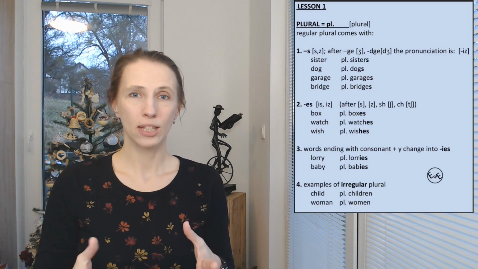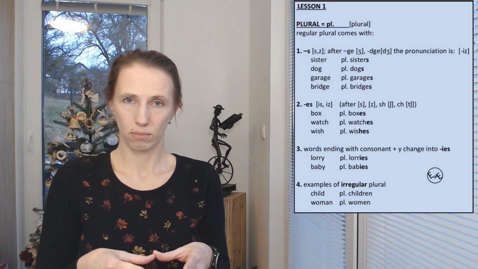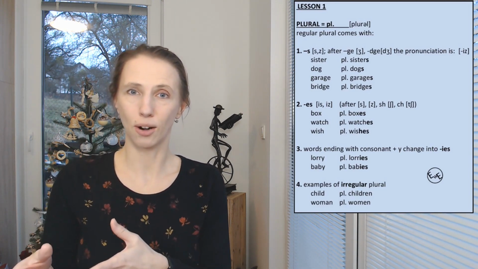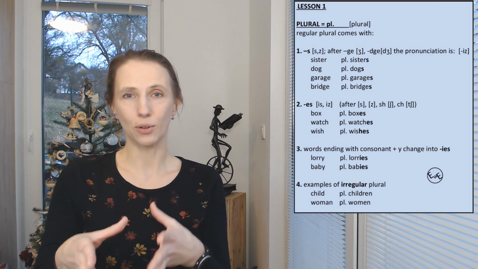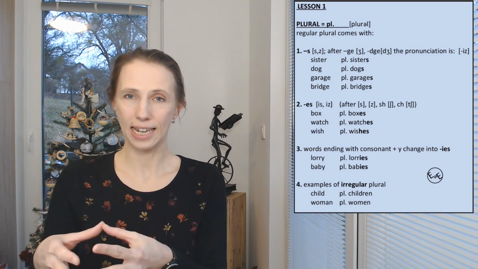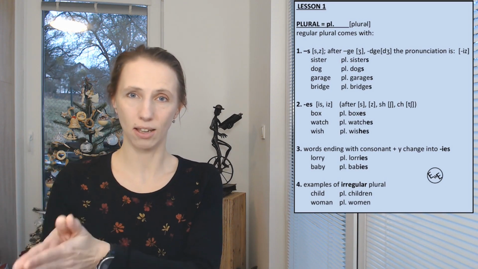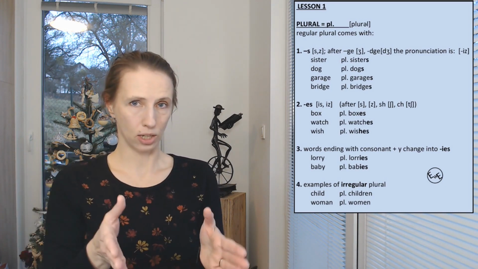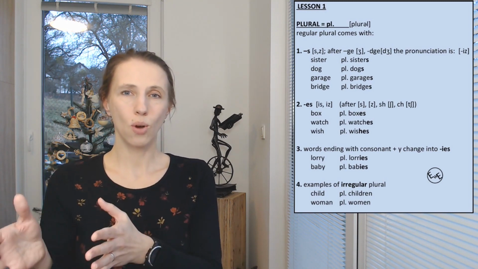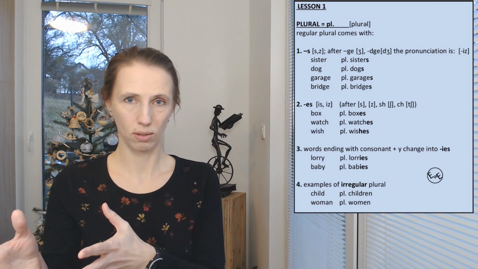Today we're going to talk about plural and about articles. Plural means more than one. On the other hand, singular means one. And plural is created by adding the ending s to the noun. One sister, two sisters.